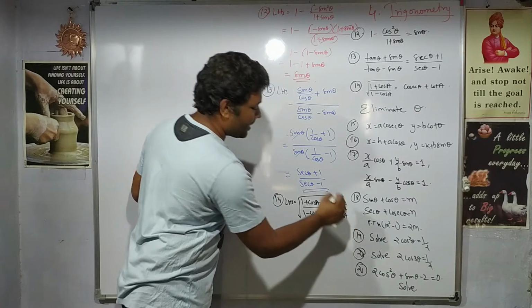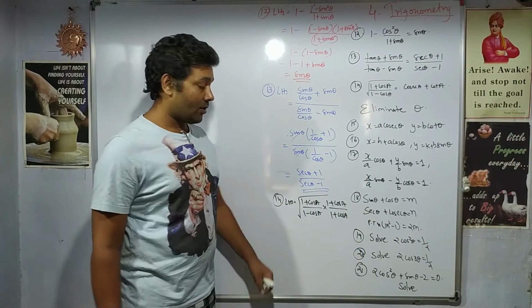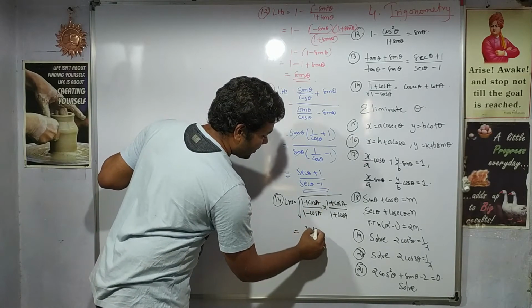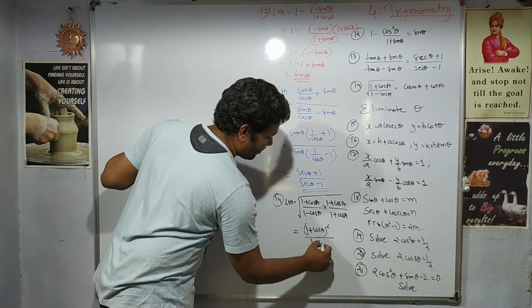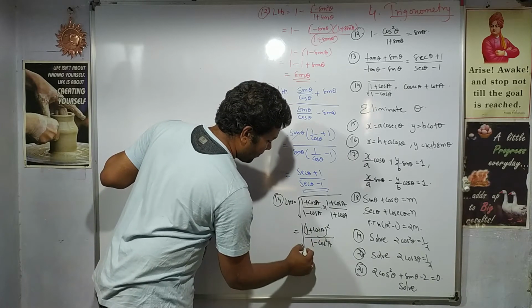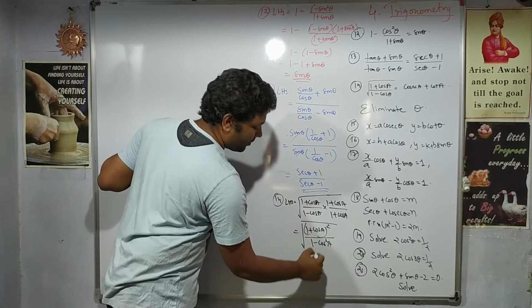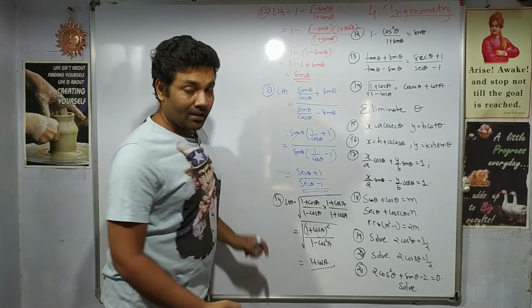So this is called multiply and divide by conjugate, or it is also called rationalization. Again, the numerator will be 1 plus cos a whole square, and the denominator will be a square minus b square whole under root. Numerator square and root will get cancelled. Denominator will be sin square a, right?